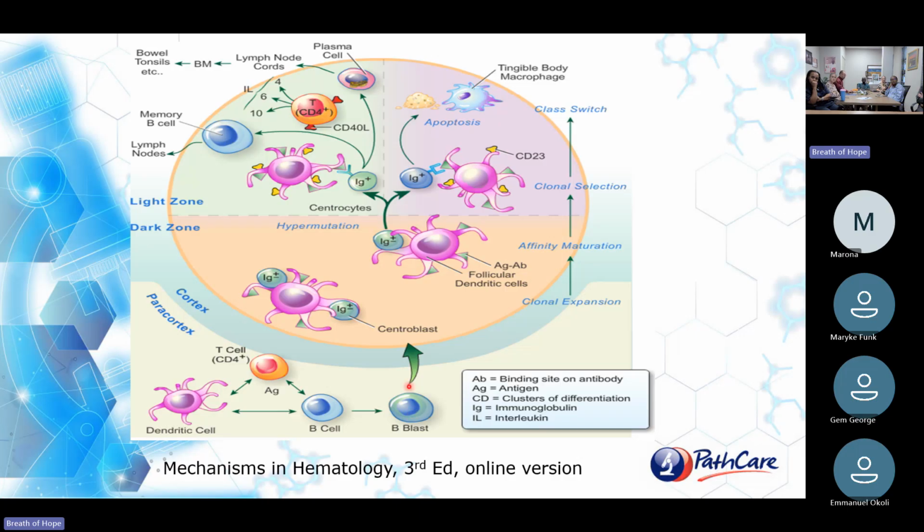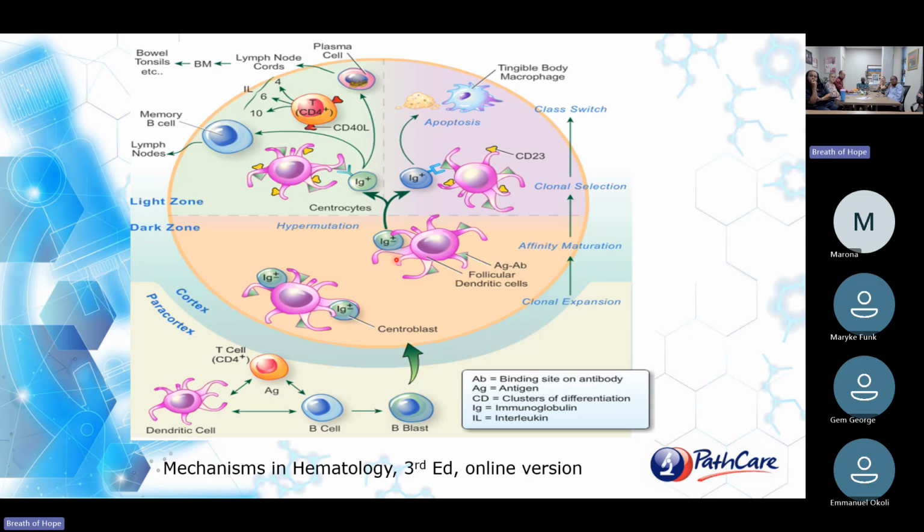The immunoblast will then migrate to the cortex, where it becomes a centroblast, and it divides into many clones of itself, many centroblasts, but all of them are slightly different from each other. So they undergo a process of hypermutation. The centroblasts then interact with follicular dendritic cells, and the follicular dendritic cells take up the antigen and compare how well the antigen binds to the mutated centroblast.